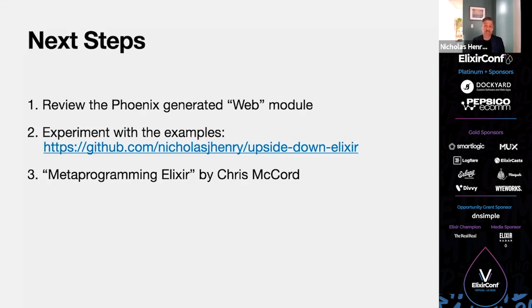Also, Chris McCord's book, Metaprogramming Elixir, is this wonderful 100-page dense, comprehensive guide to metaprogramming. It's certainly well worth checking out. Something I haven't listed here but comes to mind is that the Elixir documentation for the Macro module is very good, especially the documentation for quote that we looked at in our demos.